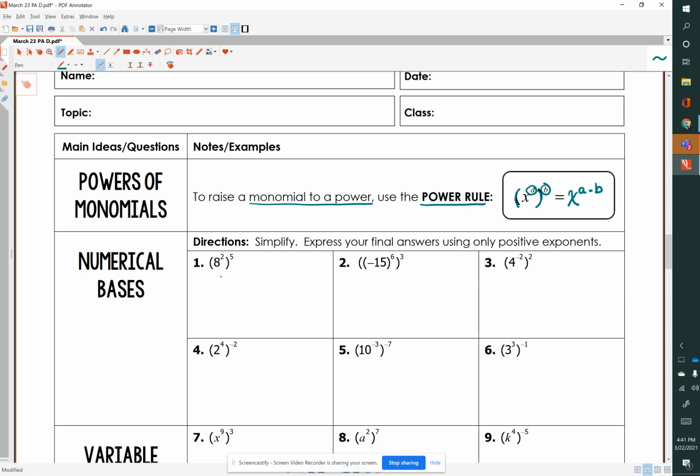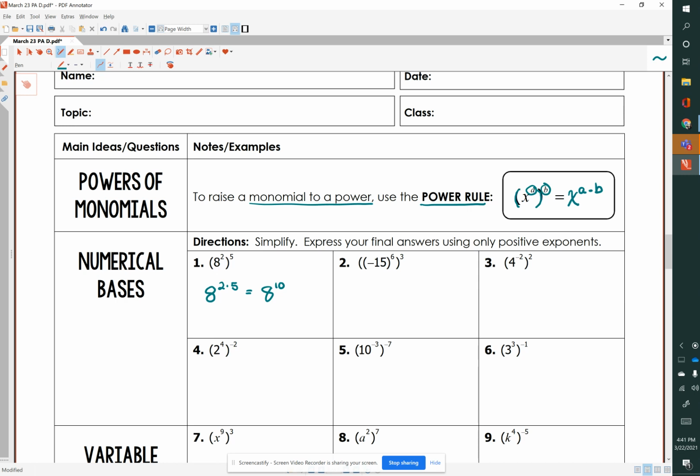The simple example here: we have 8 to the second power being raised to the fifth power. So it would be 8, and it would be 2 times 5, which is equal to 8 to the 10th power. That's going to be a big number. Let's get my calculator out and see what that will be.